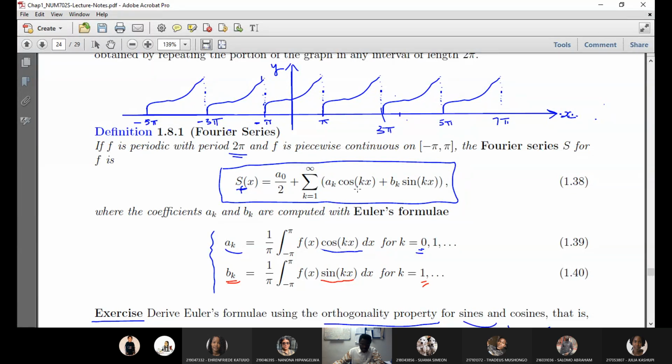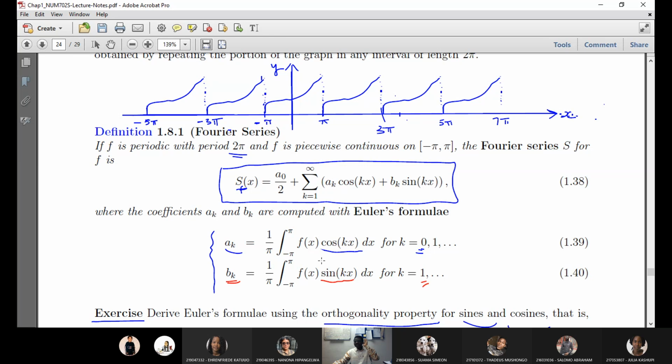That's why in this expression, AK is an integral of the function f of x that we're expanding into this same cosine, whose k is a factor in the expansion. And similarly, in Euler's formula, bk will be the integral of f of x and sine kx. That's what you have here.